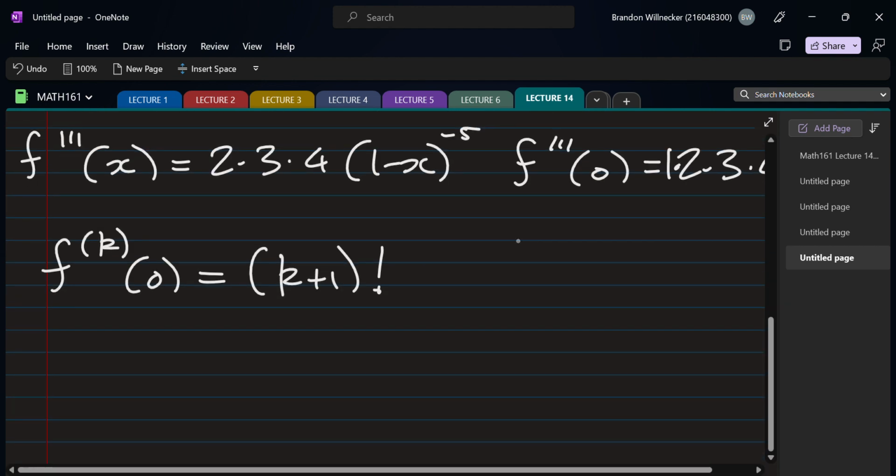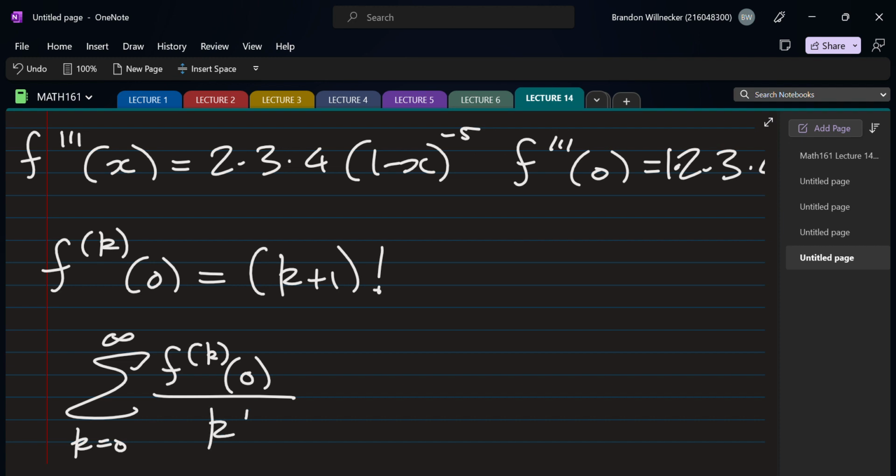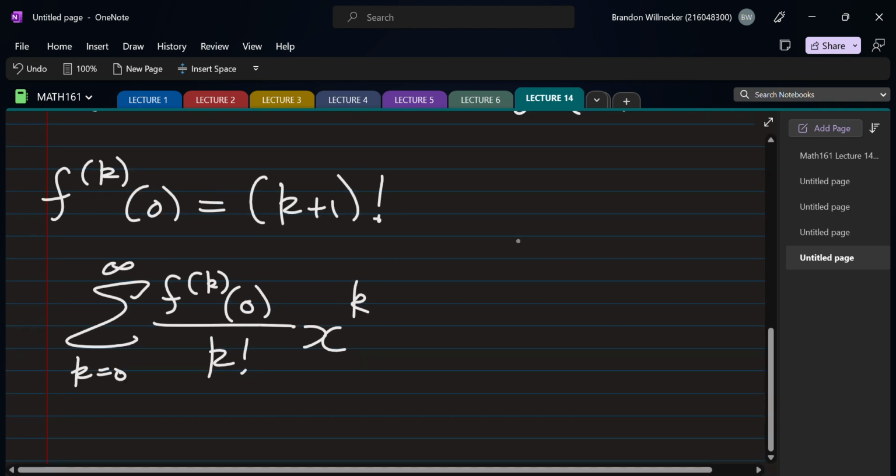Okay, so we've got this. Now we can write the Taylor series. So that will be the sum k equals 0 to infinity, the kth derivative at 0 over k factorial x to the k. So that's just from that definition way back. Okay, so we can substitute this.